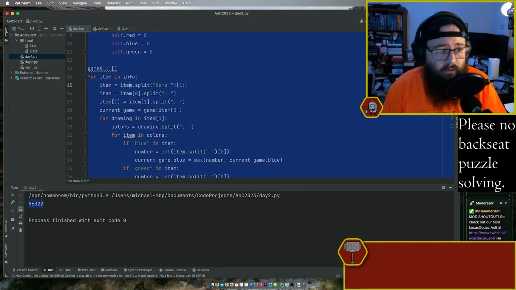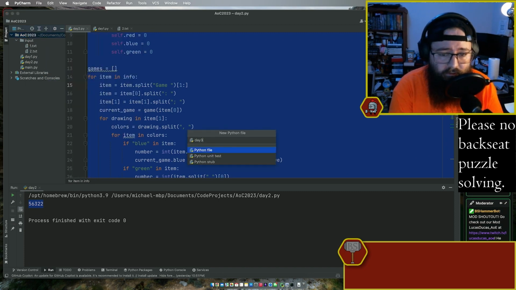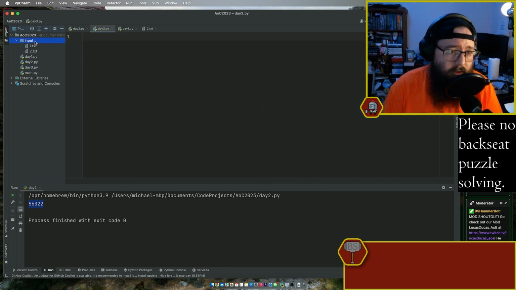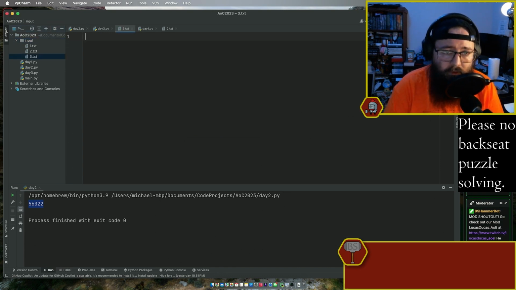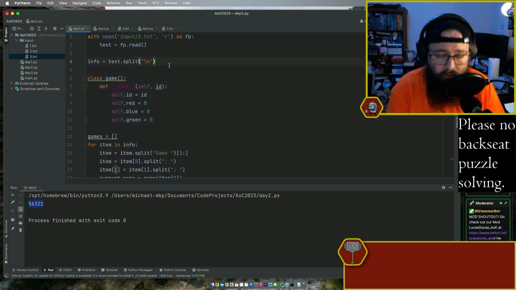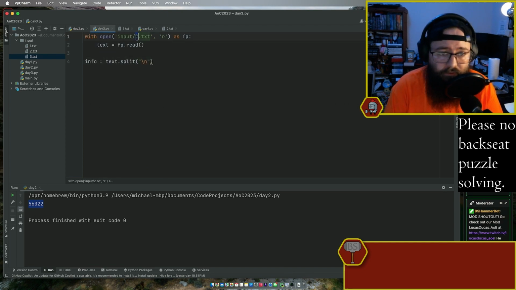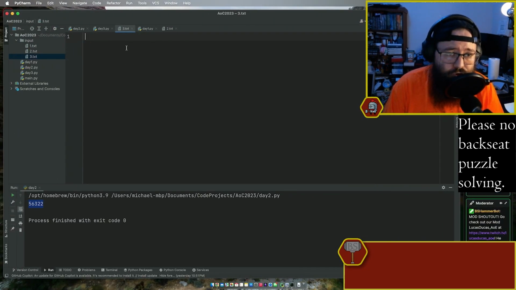Let's get the file, the text file. Okay, the diagonal is always the tricky part.